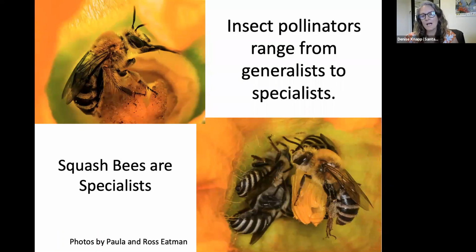Another example of how it takes all kinds is that insect pollinators range from generalists to specialists. Here's an example of a specialist. These are squash bees that only use plants in the Cucurbitaceae family. If you look closely at them, you see that the pollen collecting hairs on their legs are a little sparser than a lot of other bees.